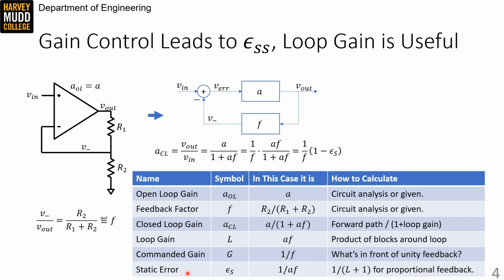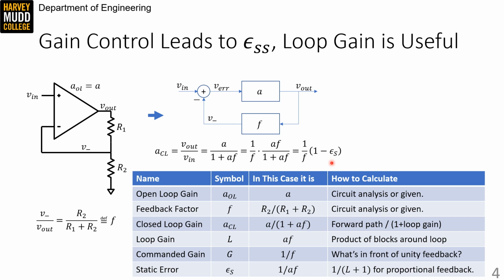Alright, the static error is this epsilon s, and it asks how far away our closed loop gain is from our commanded gain. It's the difference between those two values. The static error is the difference between the commanded gain and the closed loop gain.